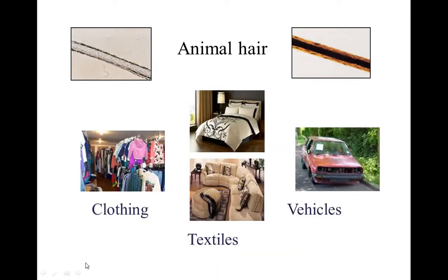The analyst will deal with both animal hair and human hair. Animal hair may be found naturally on a lot of clothing and textile items, and it can also be found by the animals themselves transferring hairs to the items or to vehicles.